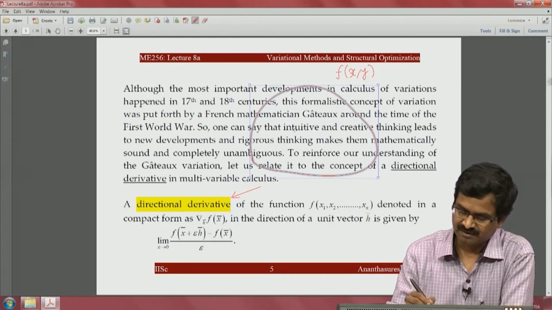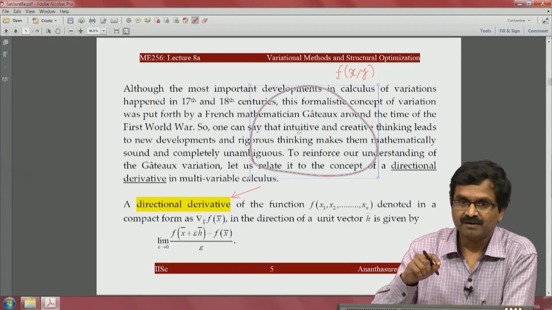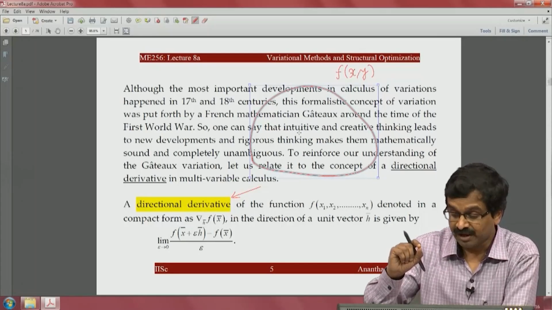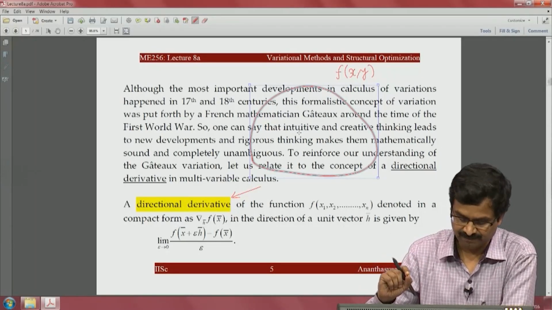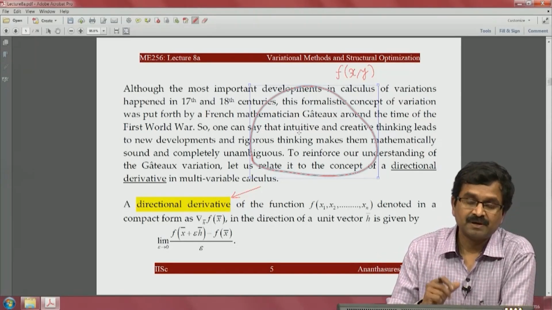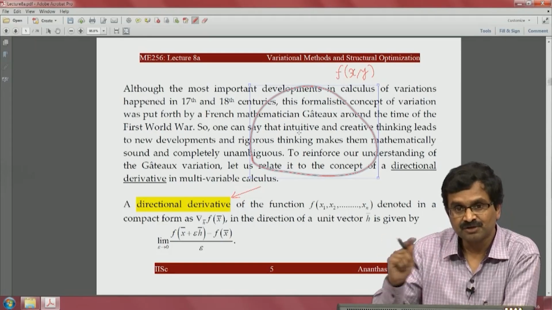Inside that, if I take a particular point, there will be a gradient vector, ∂f/∂x, ∂f/∂y. That will be the gradient, but it does not tell you how the function will vary in a particular direction that you are interested in.